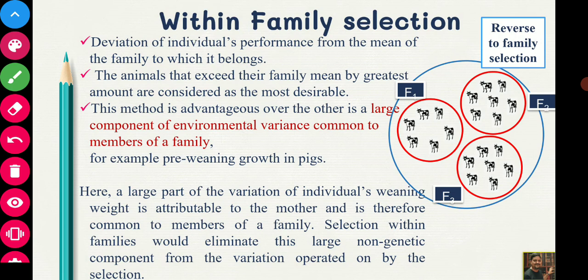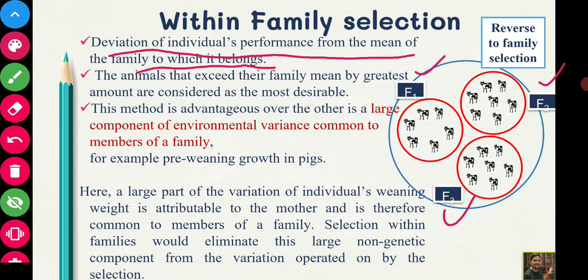So what is within family selection? In within family selection, we look at the deviation of individual performance from the mean of the family to which it belongs. Suppose there are three families, F1, F2 and F3. Suppose the F1 family mean is 8 liter, F2 family mean is 10 liter, and F3 family mean is 7 liter.